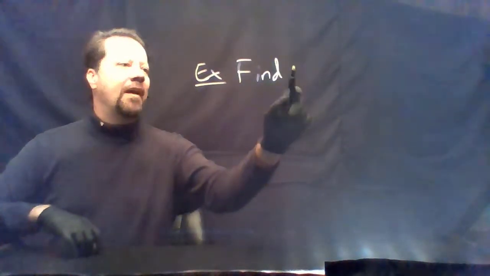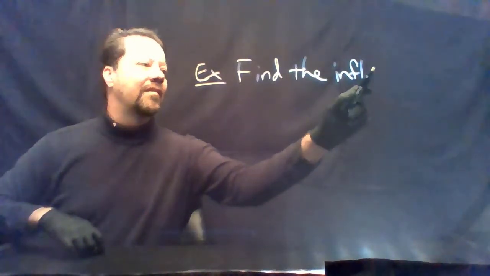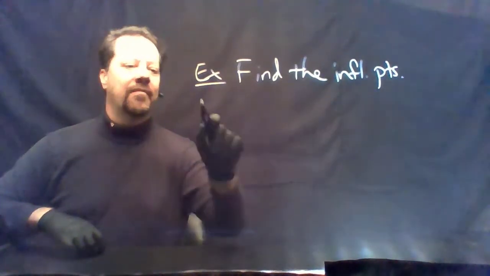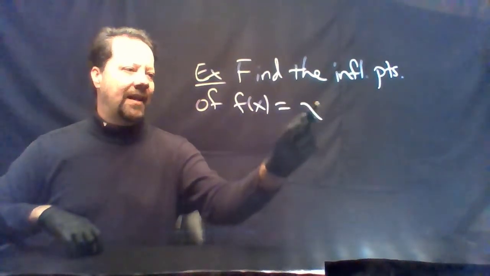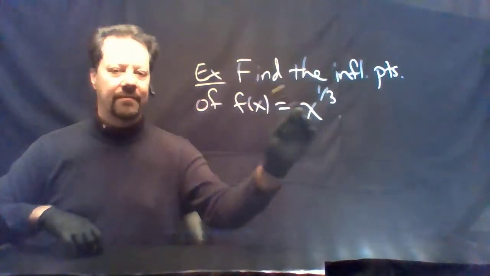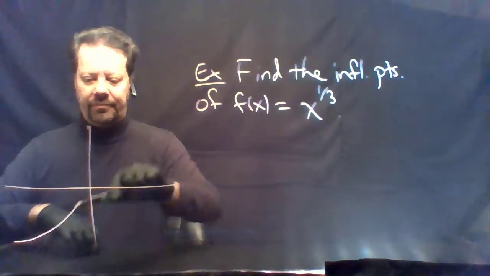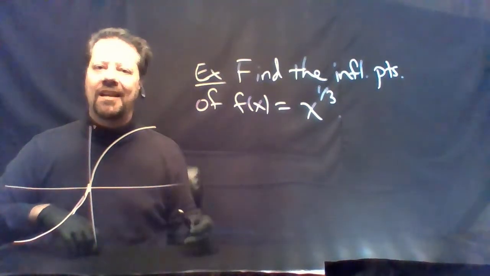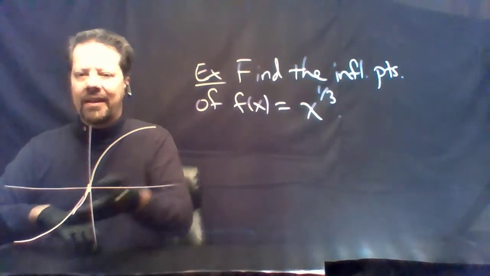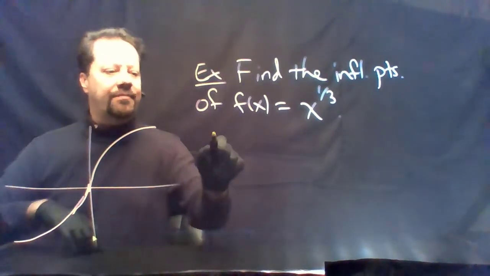As another example, find the inflection points of the function f of x equals x to the power of 1/3. This function is continuous everywhere. It looks like the x cubed function just laid on its side. You can tell it's going to be concave up on the left and concave down on the right.